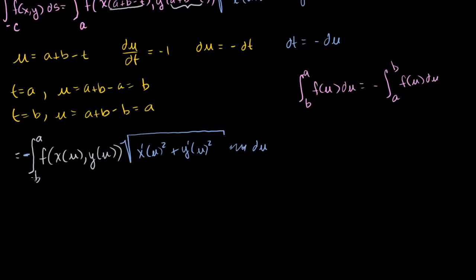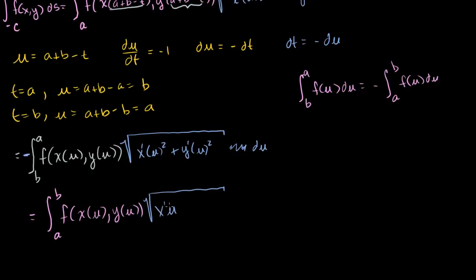So let's do that. Let's swap the boundaries of integration right here. And if we do that, that'll negate this negative or make it a positive. So this is going to be equal to the integral from a to b. I'm dropping the negative sign because I swapped these two things. So I'm taking the negative of a negative, which is a positive, of f of x of u, y of u, times the square root of x prime of u squared plus y prime of u squared du.